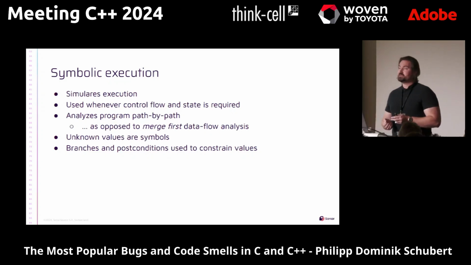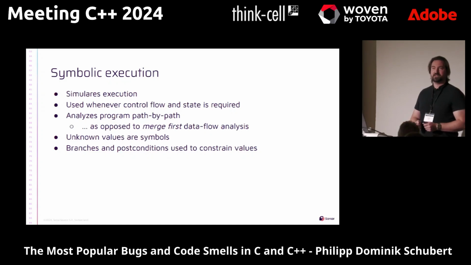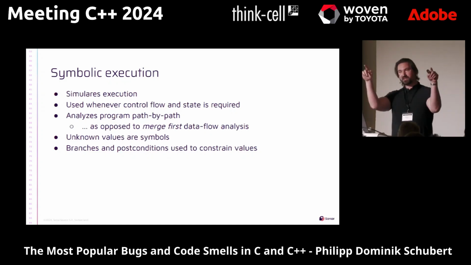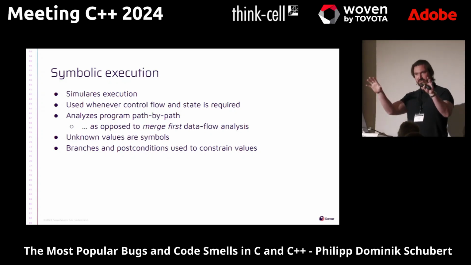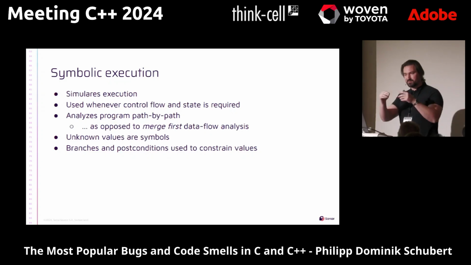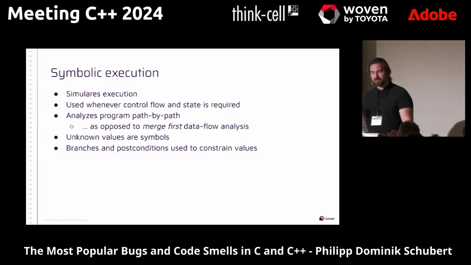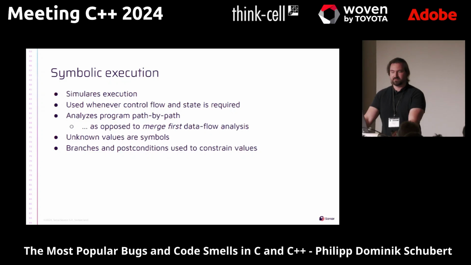And what it does, it analyzes a program path by path, as opposed to data flow analysis, where whenever you have branching going on and control flow merges at a common successor statement, you would need to merge the pieces of information before you then continue propagation. On the other hand, symbolic execution really does one path at a time. And unknown values are just symbols.